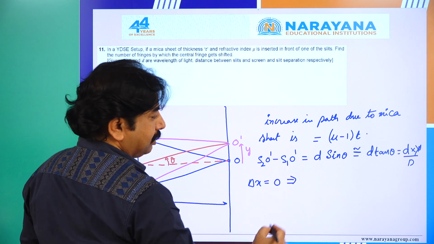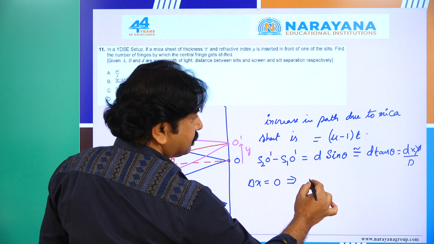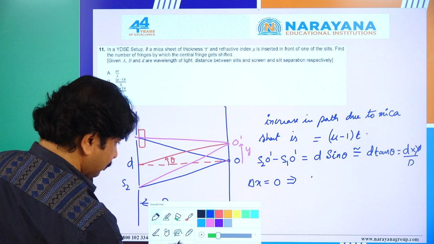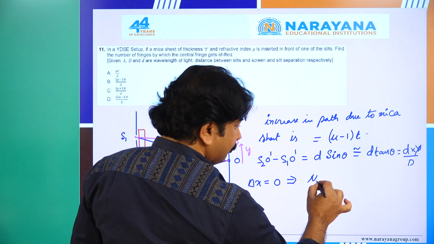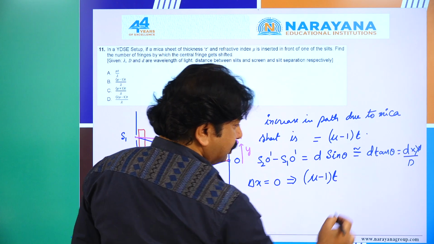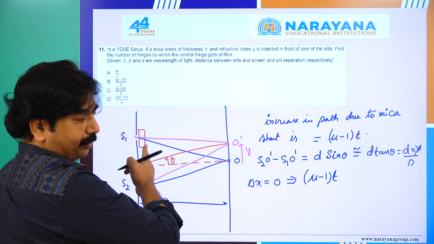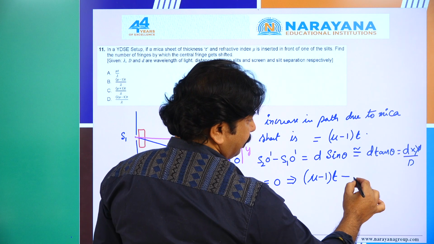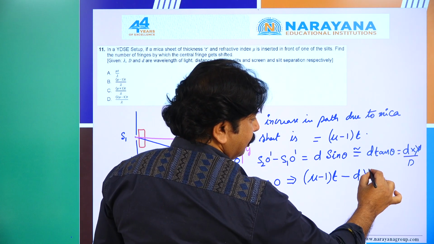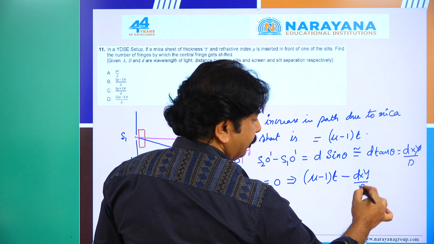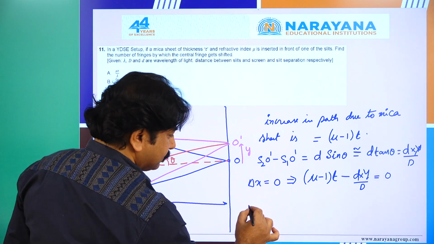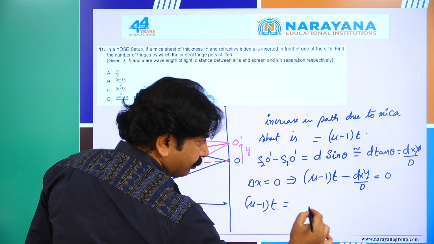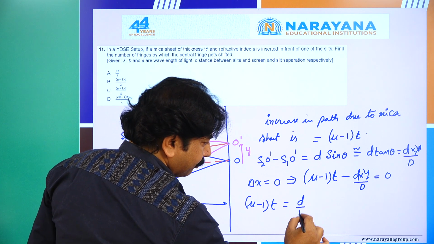That implies (mu minus 1) into t is the optical increase in path due to the mica sheet, and the difference d into y by capital D should be 0. So (mu minus 1) into t should be equal to d into y by capital D.